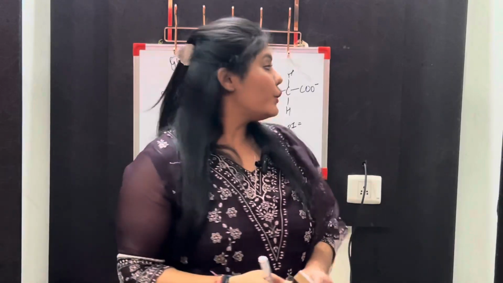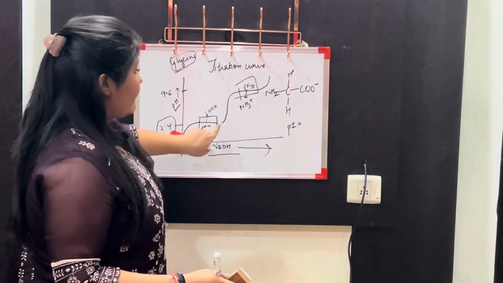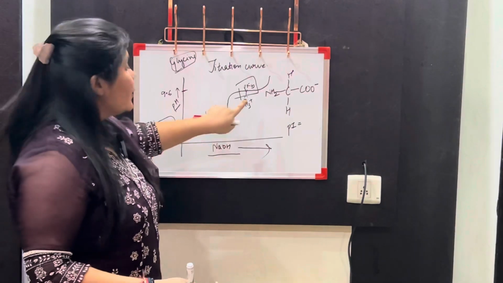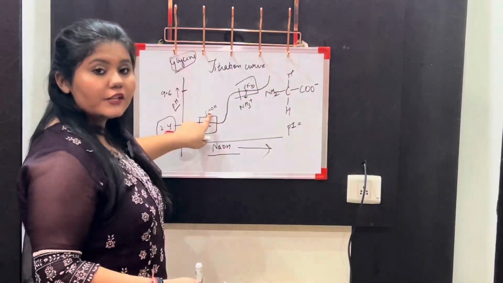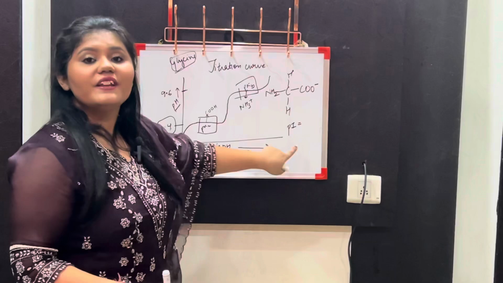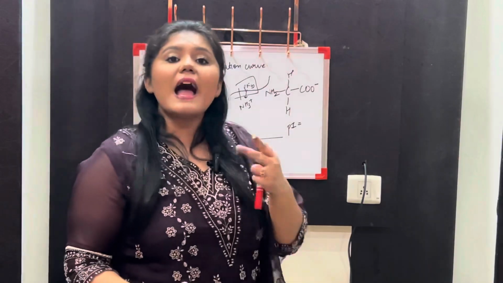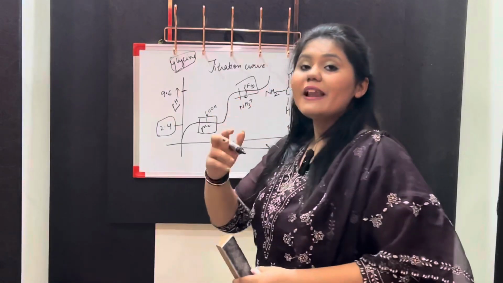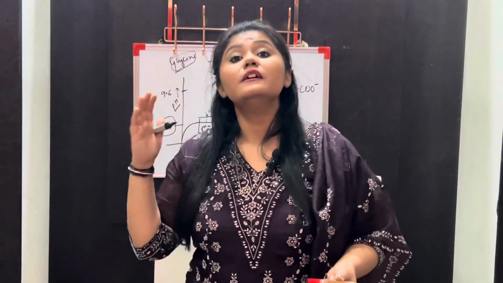Are we clear? So it will be pKa for the main chain COOH plus pKa for the main chain amino, divided by 2. So that will be the isoelectric point for glycine. So at that pH, we will have the formation of zwitterion in the solution.